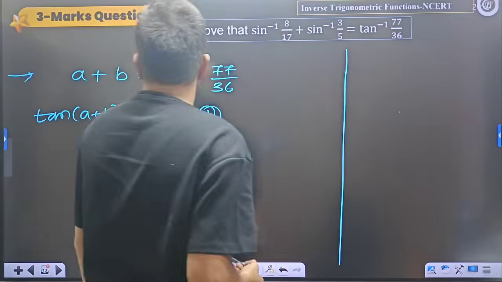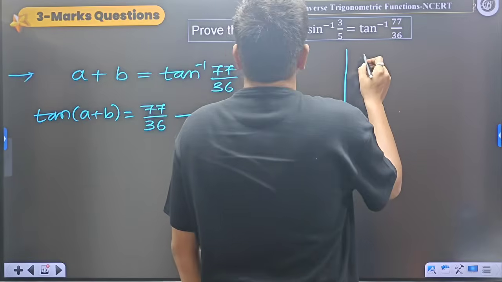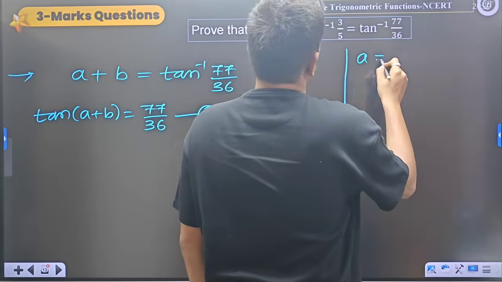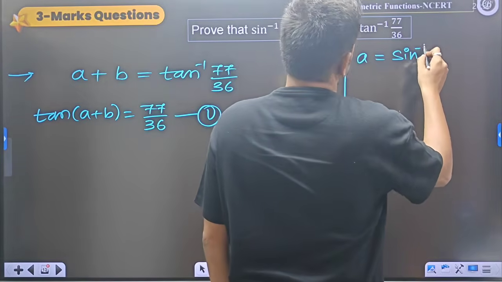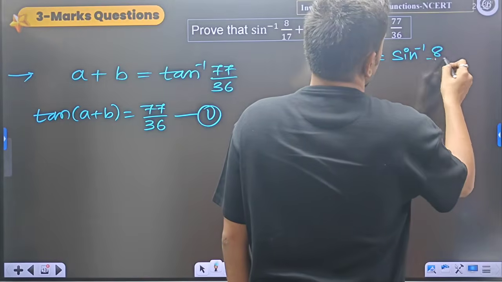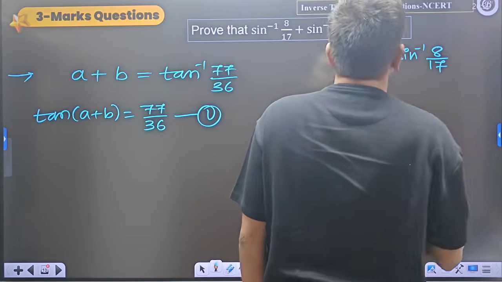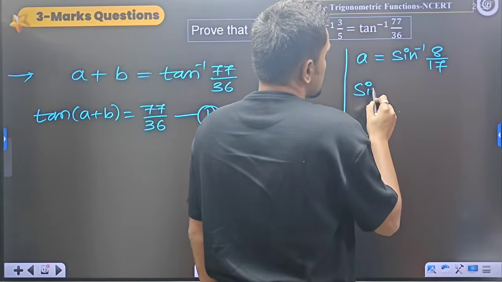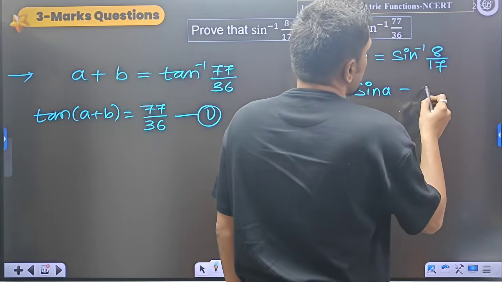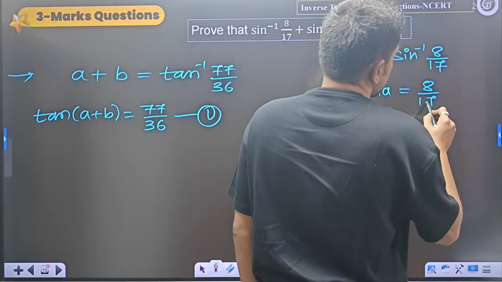So again, what I have taken is sine inverse of a equals sine inverse of 8 divided by 17. Then sine a becomes 8 by 17.